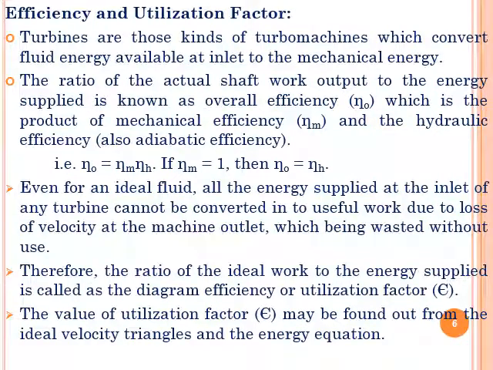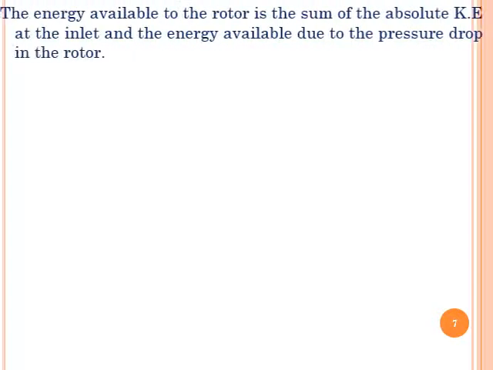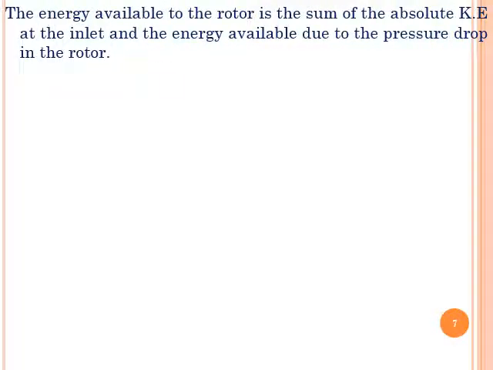The value of the utilization factor may be found from the ideal velocity triangles and the energy equation. The energy available to the rotor is the sum of the absolute kinetic energy at the inlet and the energy available due to pressure drop in the rotor.